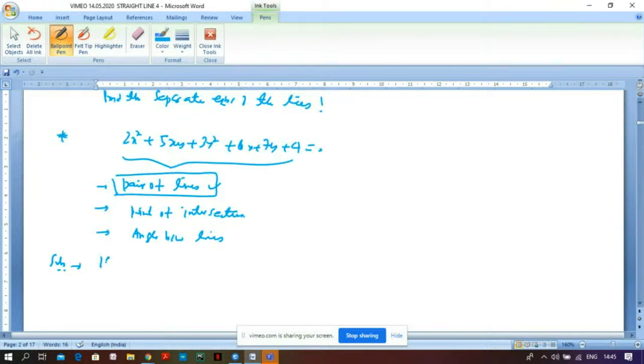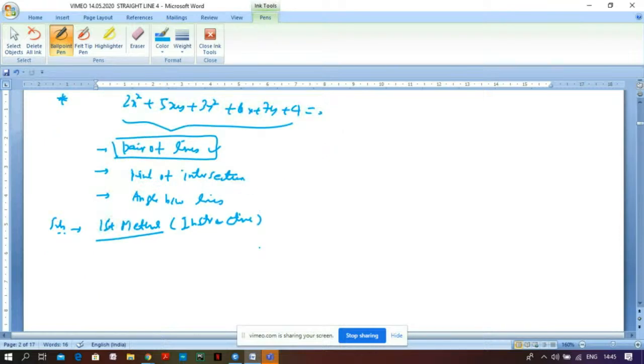I'll tell you two methods. You will find that the second method is superior, but let's do the first method also because it's more instructive. And of course, you are using your good old quadratic. First of all, you want to find out whether they represent a set of lines.